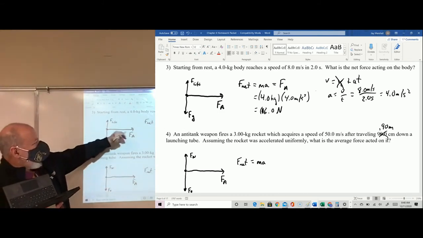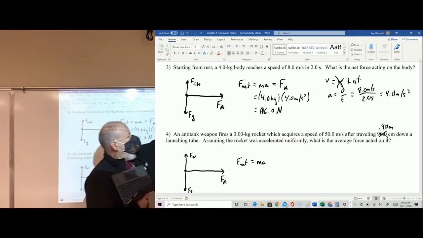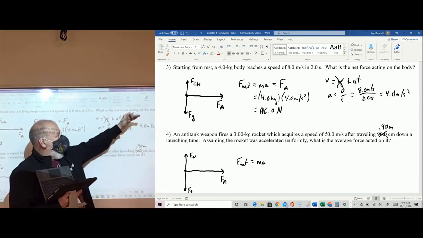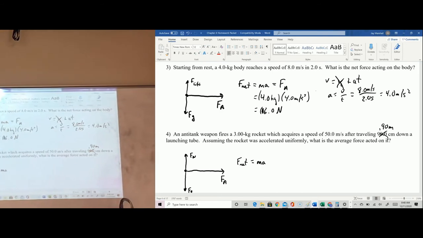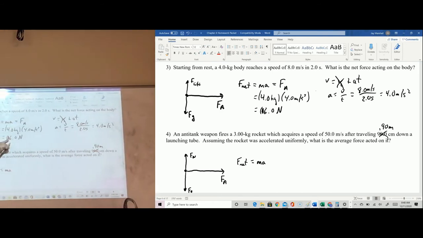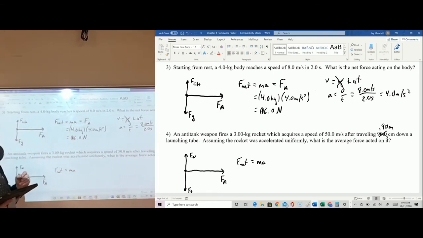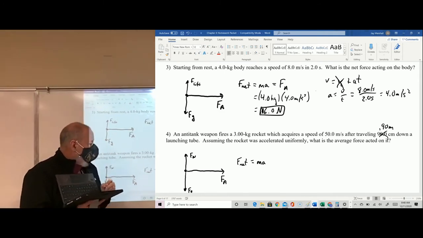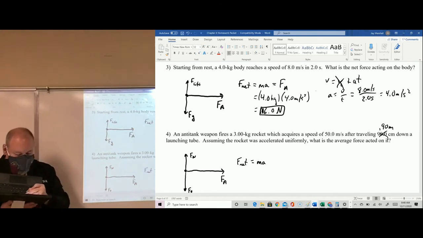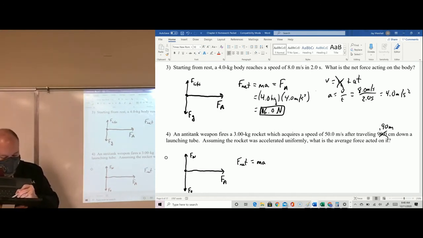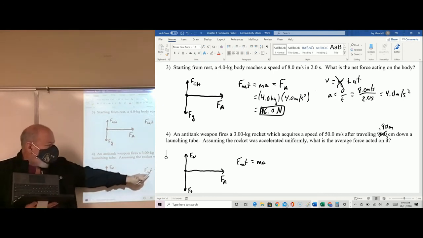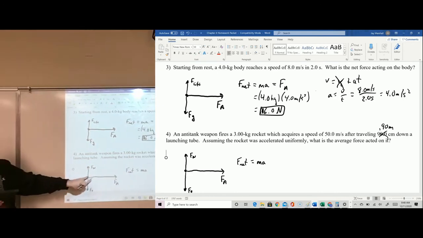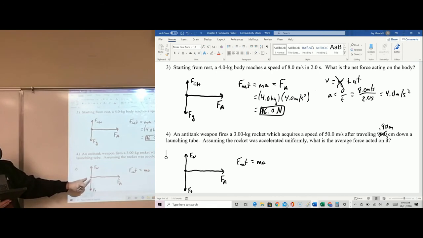We didn't really need it here. What's the net force acting on the body? Net force equals ma, right? And you just plug the values in. Okay, so in this case, F net equals ma. And be aware that I don't know what the real situation is here.